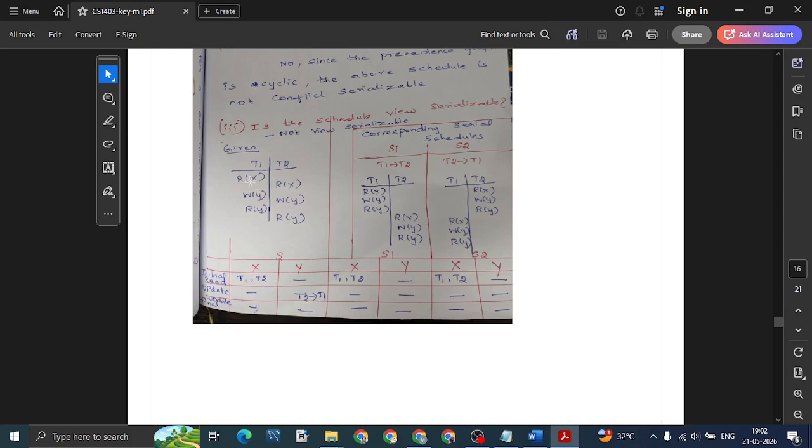Before reading the value of X, I am not having any kind of write operation, so I have mentioned it as T1 and T2. Since R of Y is not having any initial read, I have mentioned it as null. Similarly for serial schedule 1, T1 and T2 are performing the initial read of X, and Y is the same. So for the initial read, all are the same.